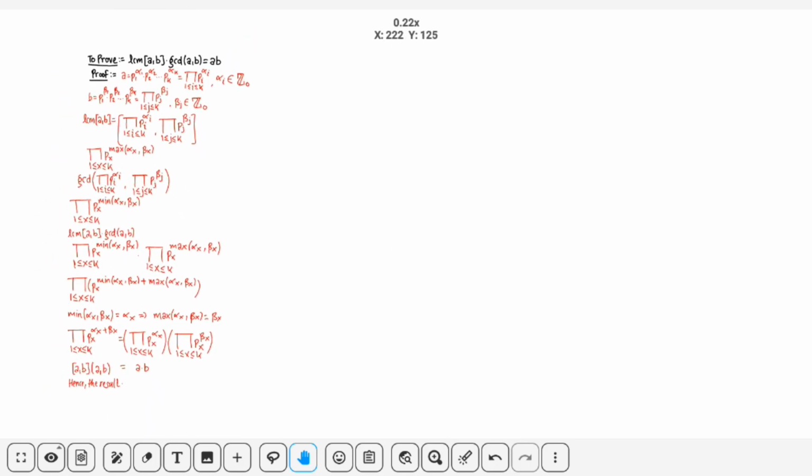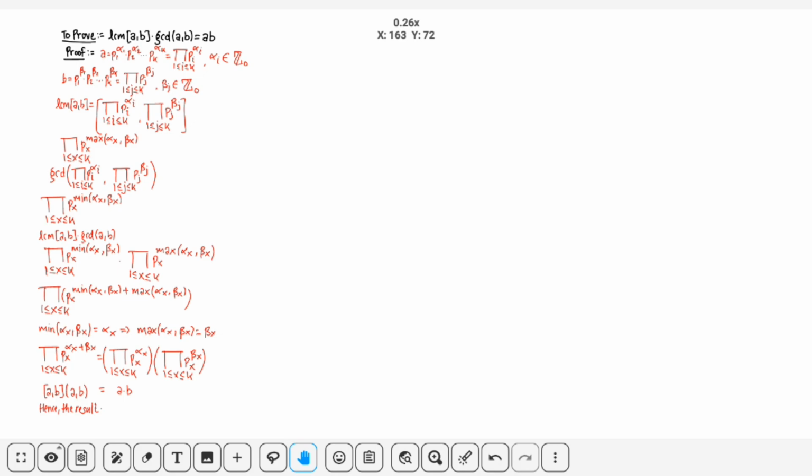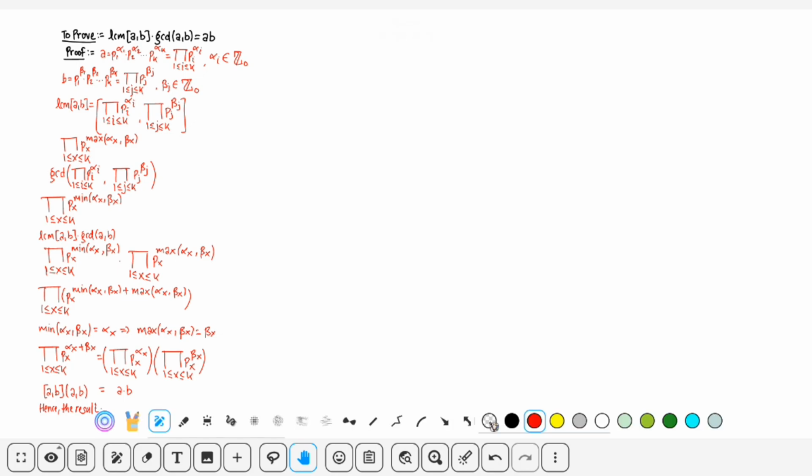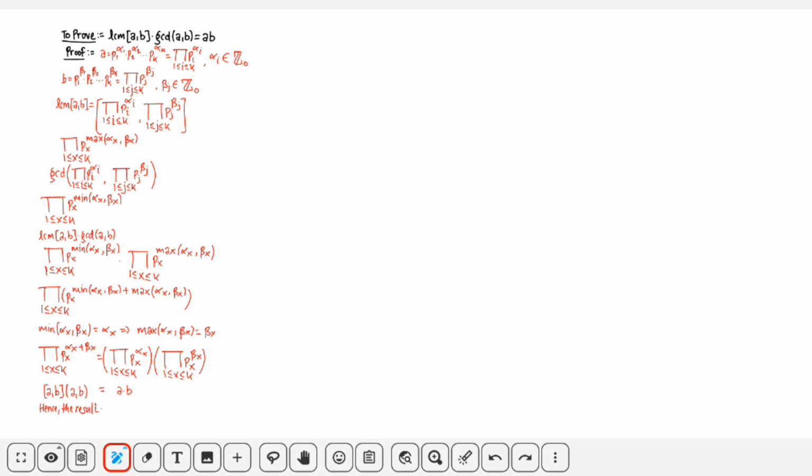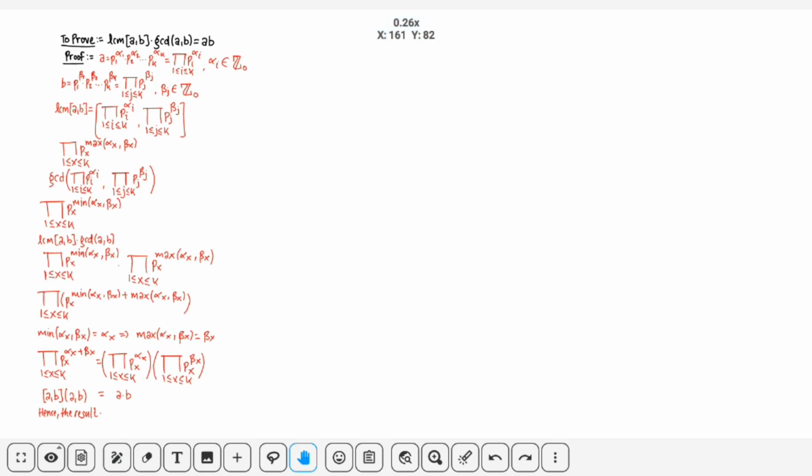You can see A equals this product and B equals this product, so this is A and this is B, and this becomes A times B. So this is the end of the proof.